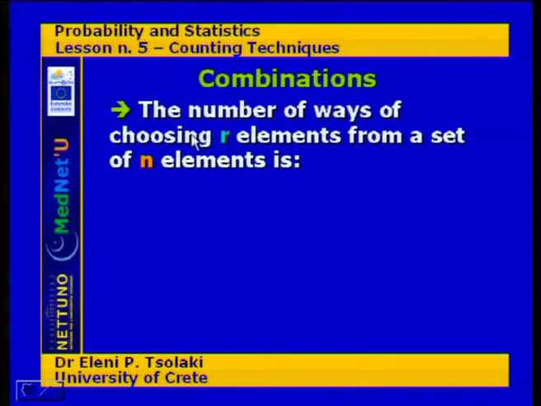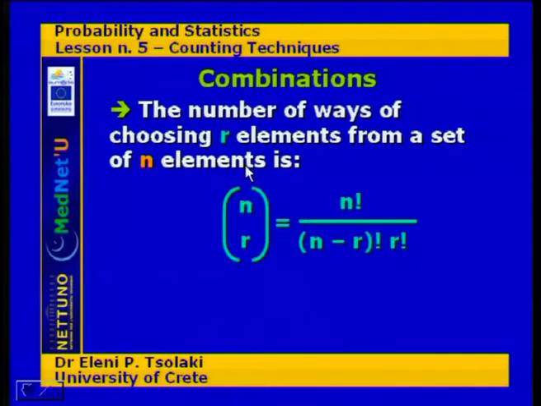So, in this case, the number of ways of choosing r elements from a set of n elements will be denoted like this, and will be n factorial, as we call this symbol, divided by n minus r factorial times r factorial.